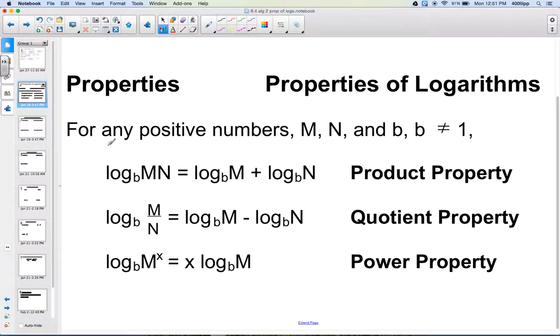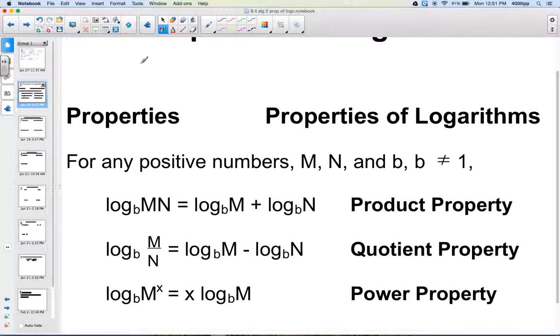And you can remember that because we know that when we use exponents, for example, if I have x to the fifth times x cubed, here we're multiplying and we have the same base and we have exponents. So what we do here is we do the same thing that we would for logs.